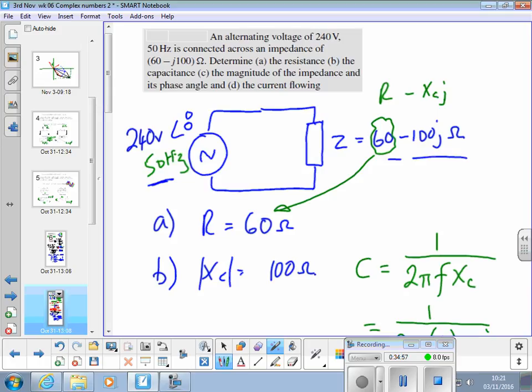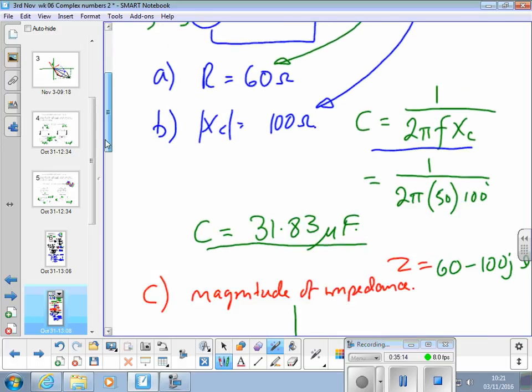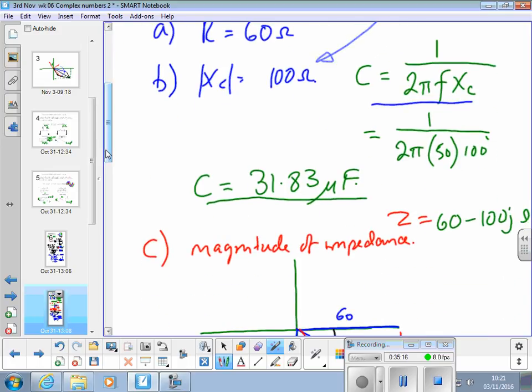We've taken out the 60 ohms for resistance, and the minus 100 as the magnitude of XC, and used it in this formula. Because it's negative, you know it must be a capacitor, so we choose that version of the formula, put the numbers in, and find out what the capacitance is.